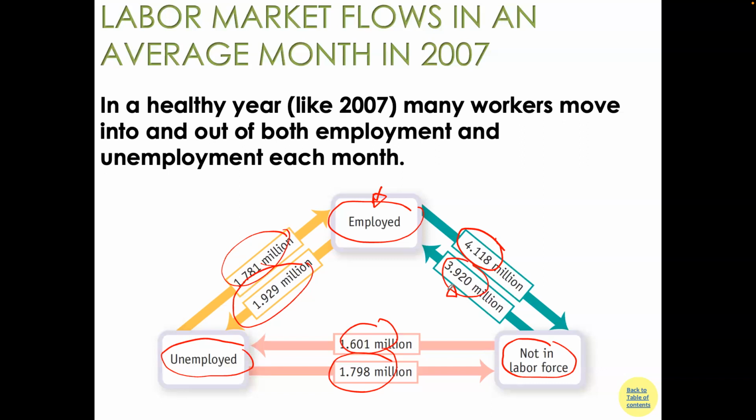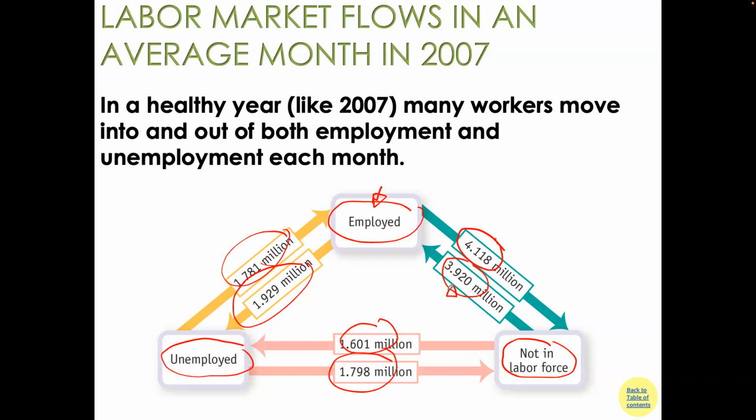Okay, college graduates, that's a big chunk among the 3.9 million. They were full-time students. I know that in our classroom some already have a job, right? But most college students are full-time students. They don't have a job. After graduation, they are going to move from not in labor force to employed.